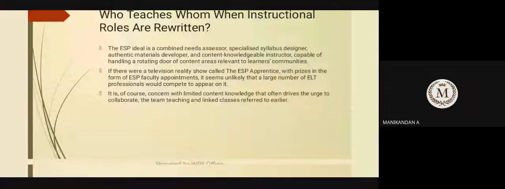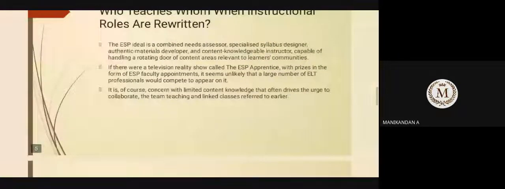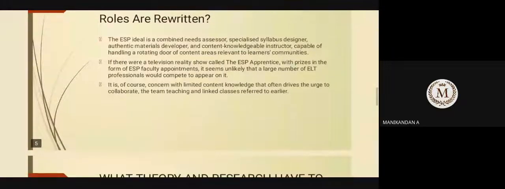If there were a television reality show called The ESP Apprentice, with prizes in the form of ESP faculty appointments, it seems unlikely that a large number of ELT professionals would compete to appear on it.